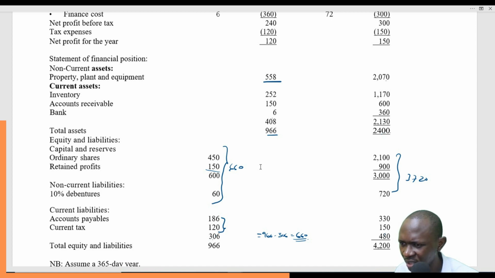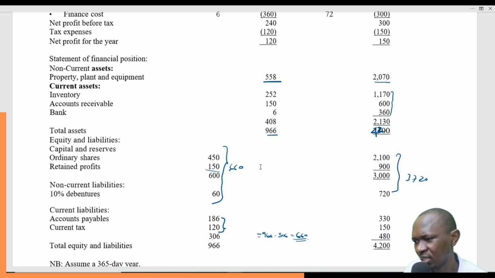Why is it not balancing? There should be a problem. Oh, this is 2070 plus this one, 2130. Yeah, I think the addition was wrong. If you add this, you'll get 4200, not 2400. So 4200 minus 480, you'll get that 720.